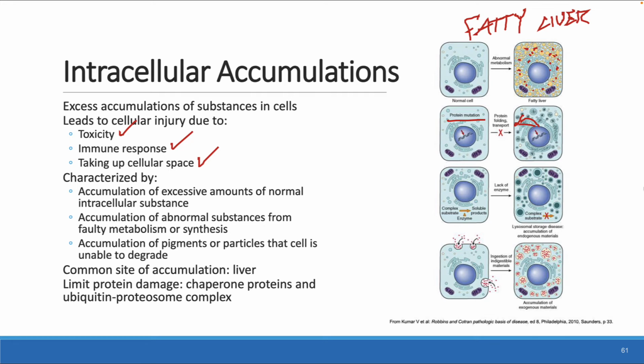There's an accumulation of an abnormal protein in the neurons that results in mental retardation. There may be an accumulation of substances due to a lack of an enzyme.